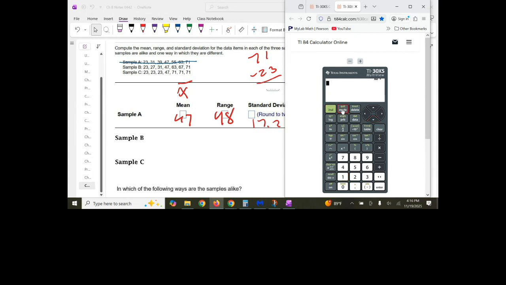Okay, let's get out of here again. Let's come back to our stats. So second and stats, we're going to compute our one variable statistics. Just keep hitting enter until we get our numbers.